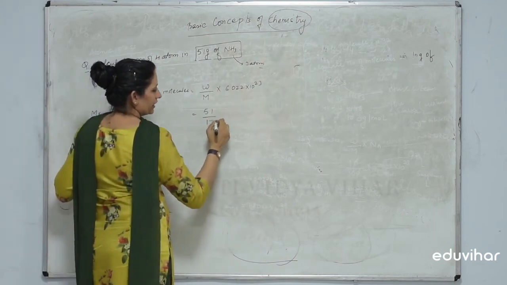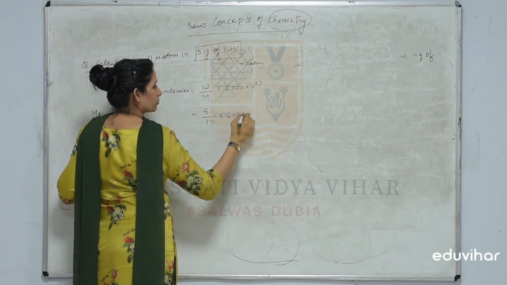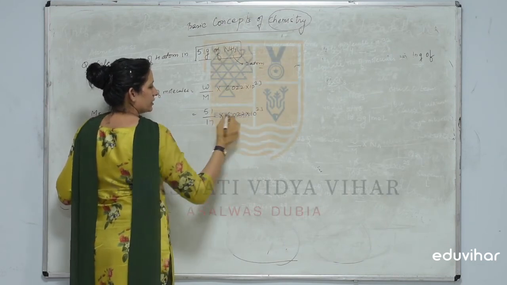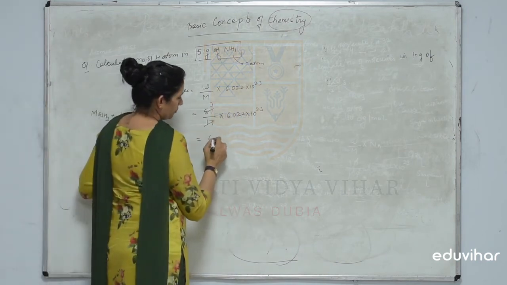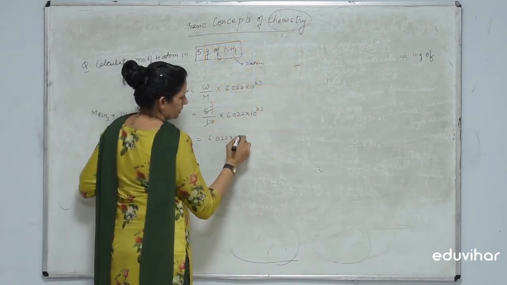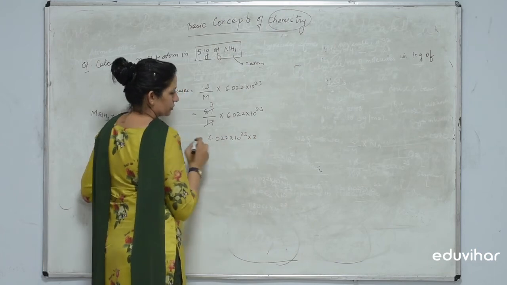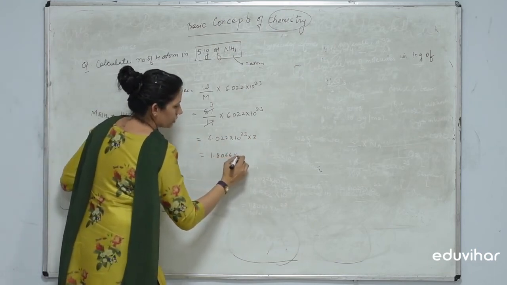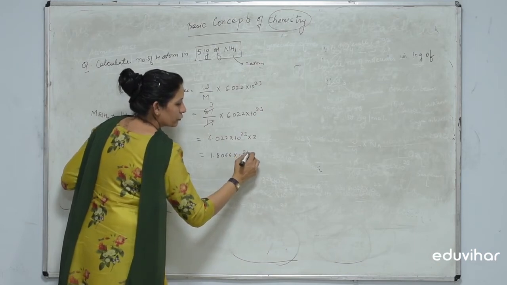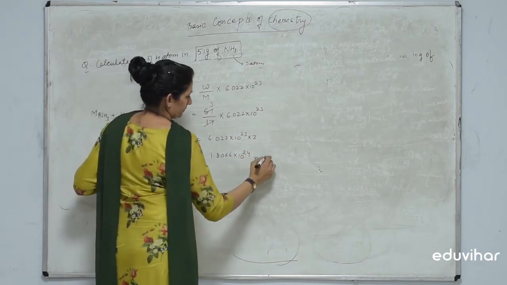Divided by 17, multiplied by 6.022 into 10 to the power 23. Cancel out 3. It becomes 6.022 into 10 to the power 23 multiplied by 3, which is 1.8066 into 10 to the power 24 molecules.